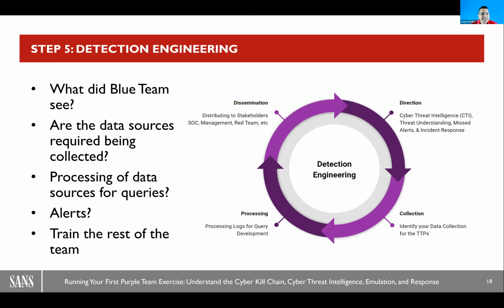Happens every time, right? And then dissemination. Right? Train the rest of the team. If it is going to remain as a query for threat hunting, does the entire team know about it? Can they do it? Do they know what to do once they find this? Right? And for something like PowerShell.exe /e, which uses encoding, what do they do next?